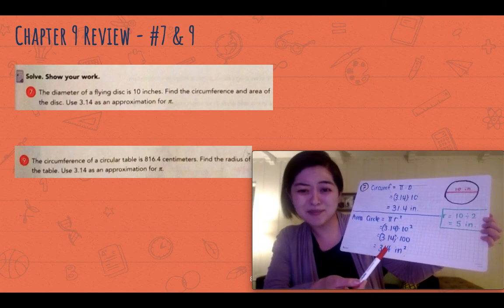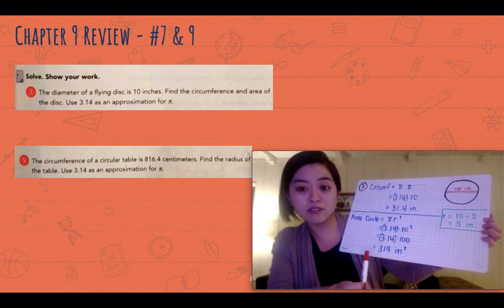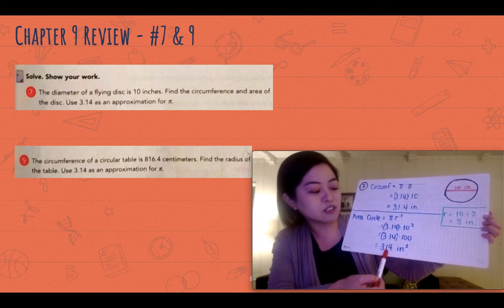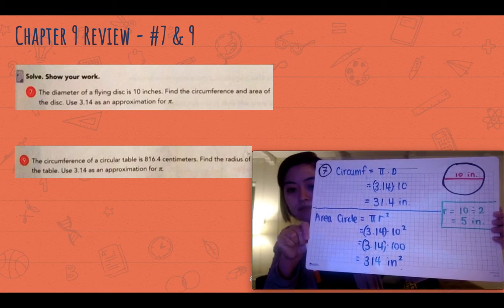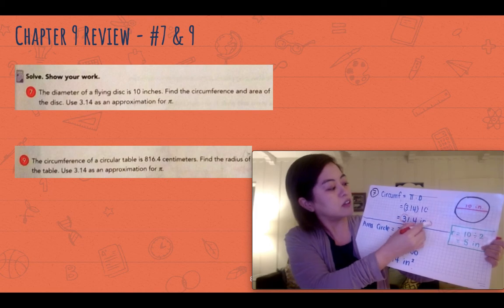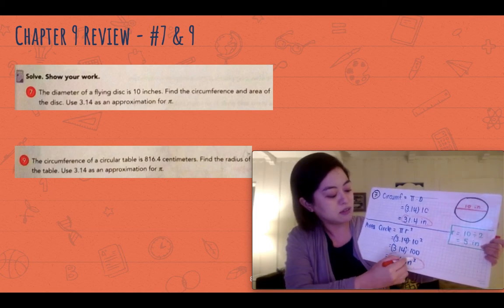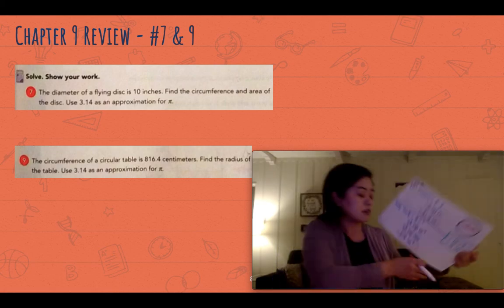And I love multiplying by 100 because I just have to move the decimal place 2 places to the right. And that's 314 square inches. Okay, and here, I'll just circle the answers, just to show you the work.